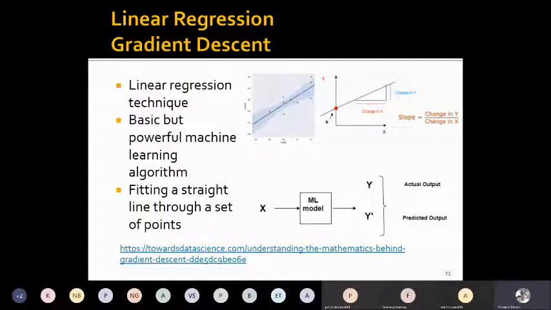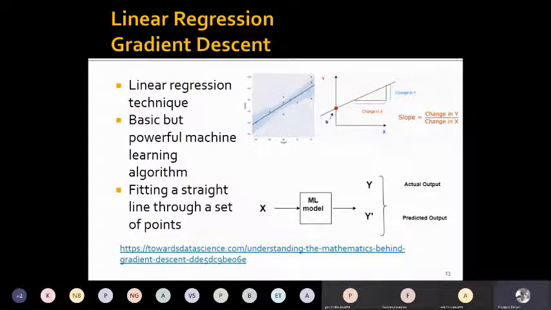So here we have a set of xy points, but remember that it is not only applicable for xy. I can have x1, x2, x3, and many such columns, and instead of a straight line I can also plot a plane or hyperplane. The algorithm remains more or less the same, but we will use only one input and one output because it is easy to visualize.